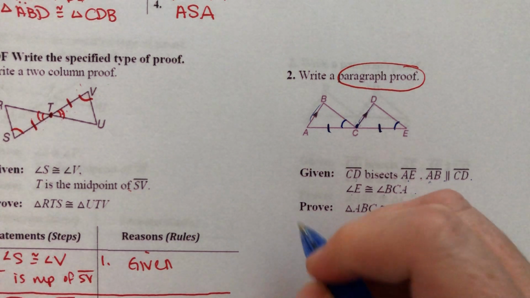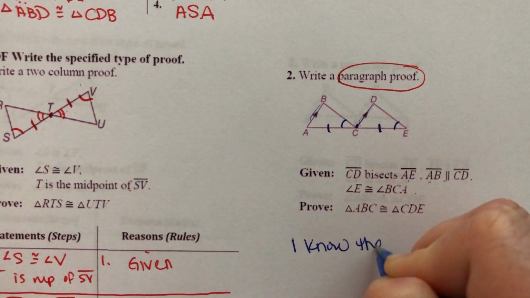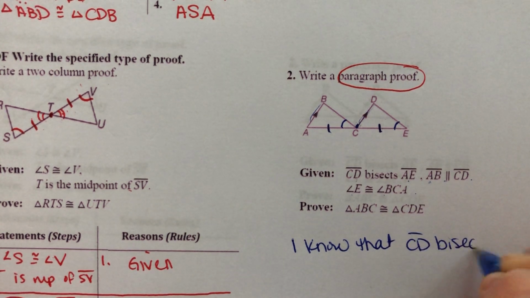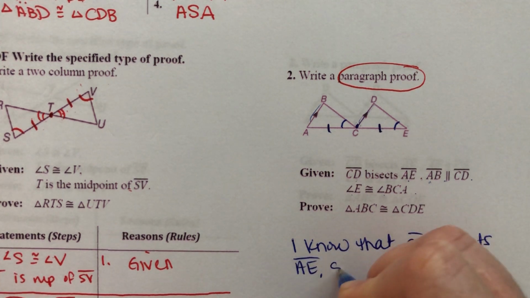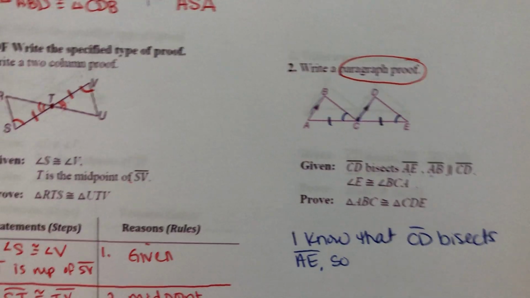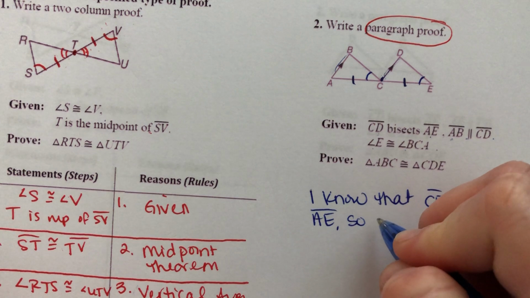So I'm going to say, I know that CD bisects AE. So I don't care what English you use. So based on, or by the definition of segment bisector.